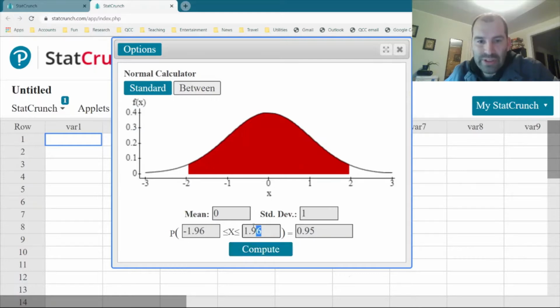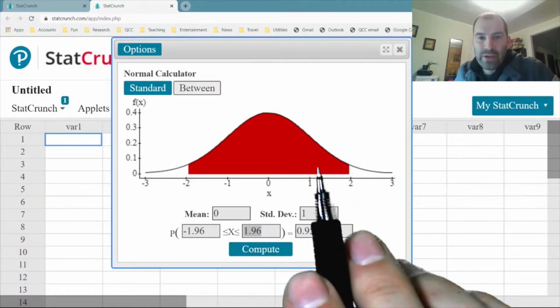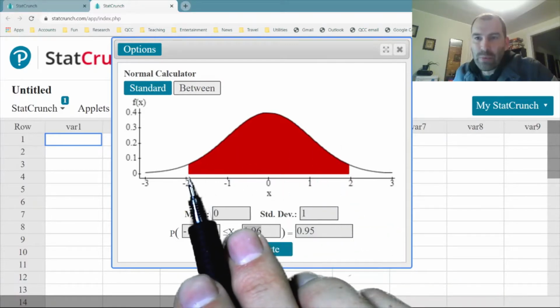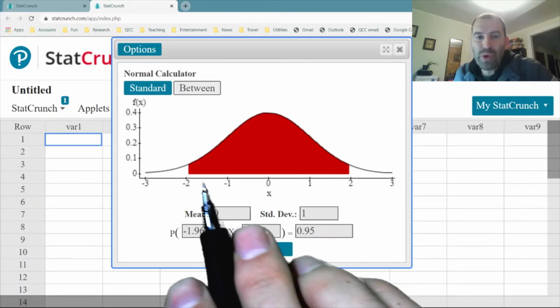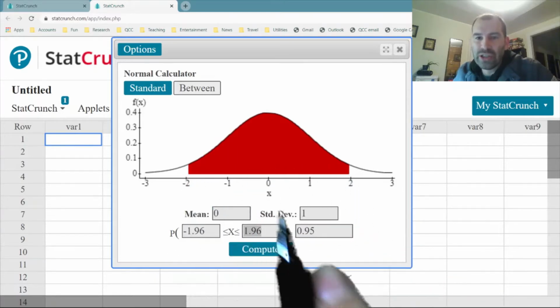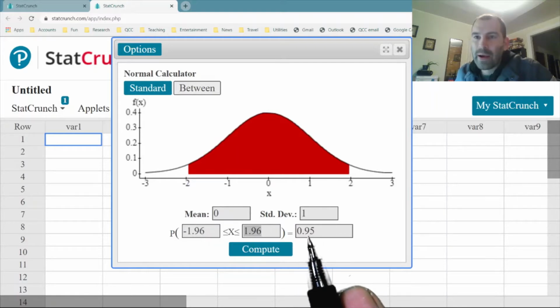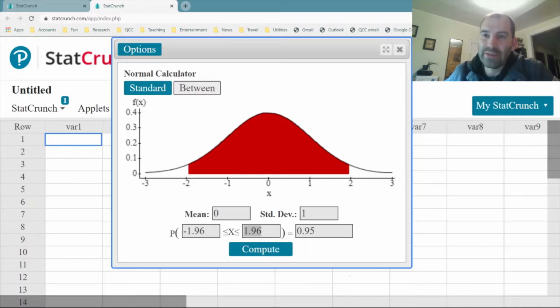Compute it out, and we see that the critical z-score is 1.96. Looking at the picture here, you can see this is negative 1.96 over here and this is positive 1.96 over here. Between them, the red shaded region is exactly 95% of the area. That corresponds to a 95% confidence interval.